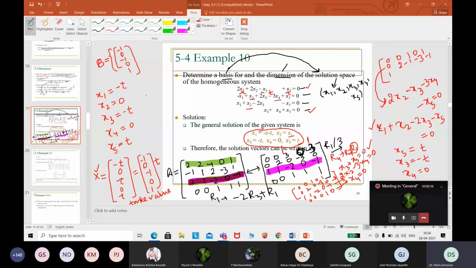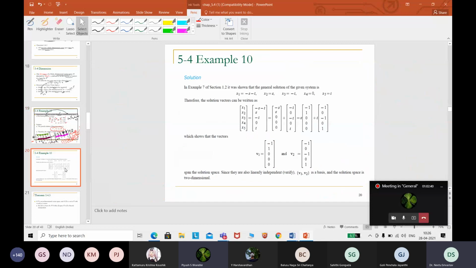So this is a basis and dimension is 1 because you have only one vector in a basis, and all other vectors can be represented as a linear combination of this vector. So it is a basis for the given system of equations. Is this understood? I hope this is clear.